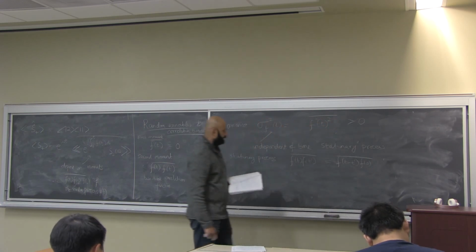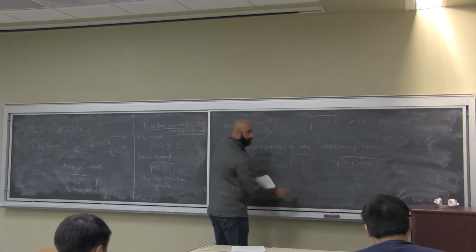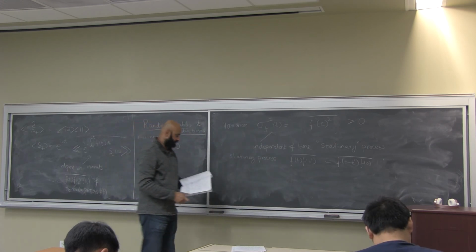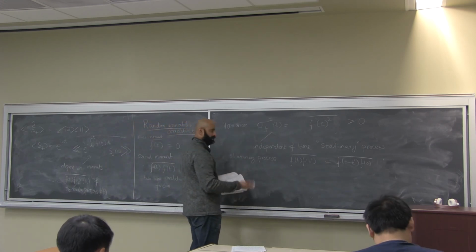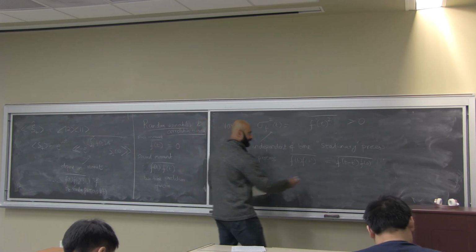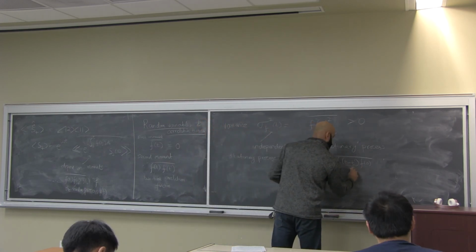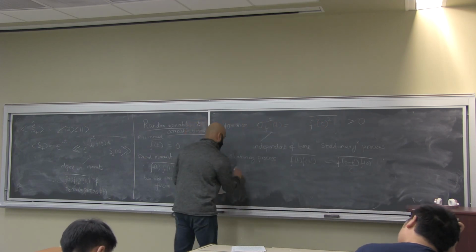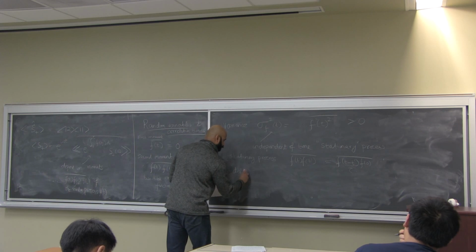So it does not depend on the times t and t prime individually, but only on the difference between them. Okay, that's what a stationary process is, and typically it is going to fall off as this difference in time, tau, increases. This is tau, which represents the difference in time.